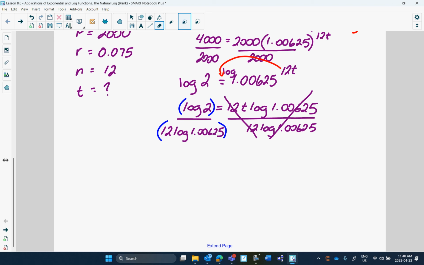So I enter 2, close the 2, and then close the one in front of the log. Divide, open parenthesis, 12, log, it opens another set, so I put 1.00625, close that off, close the big parentheses off. What do we get? 9.27, yeah.